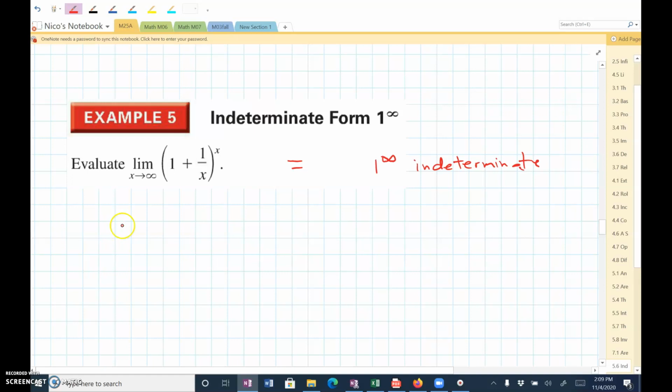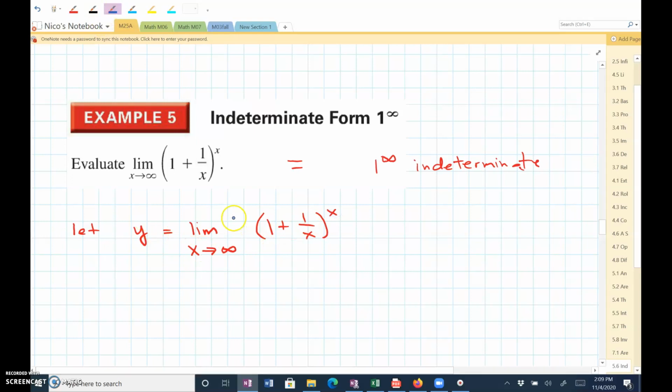Okay, so now let's say let y equal the limit as x goes to infinity of 1 plus 1 over x to the x power.